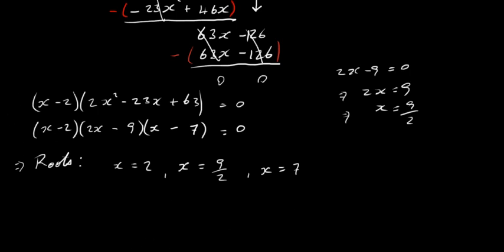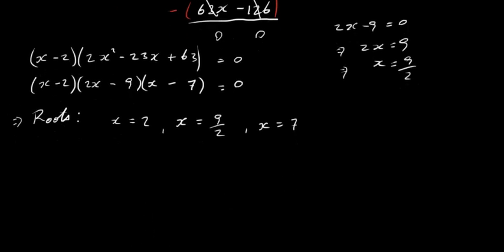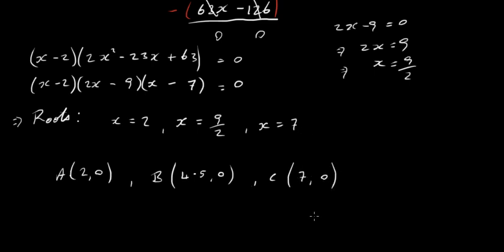So our A, we're already given. Our A is (2, 0). B is this one here. This is 4.5, 9 divided by 2 is just 4.5, 0. And our C is just going to be (7, 0). And that's it.